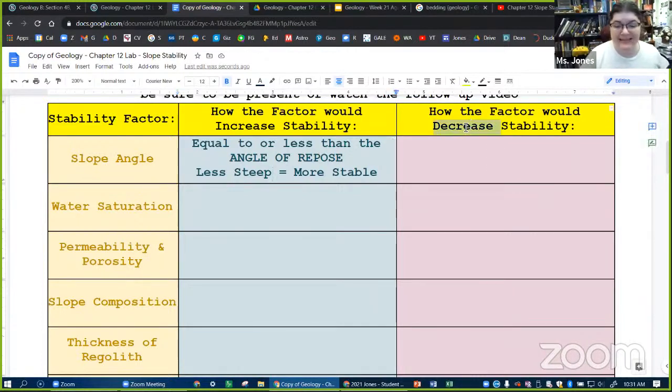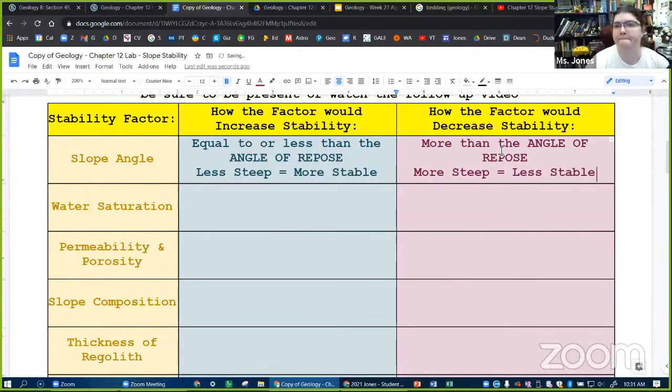Now, if you want to make it less stable, if you want the slope to collapse, you would want the angle to be higher than the angle of repose. So more steep equals less stable.